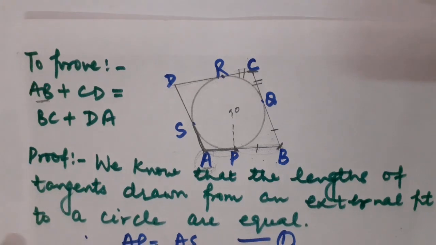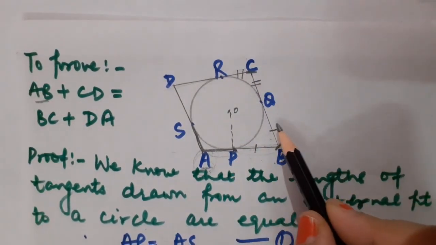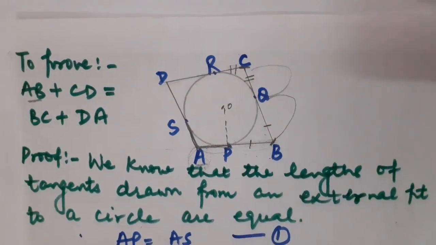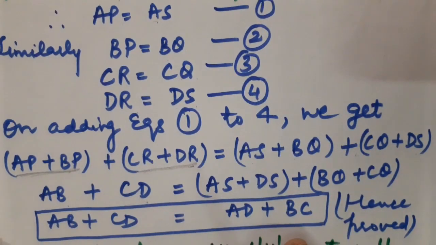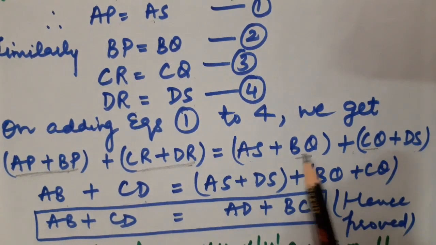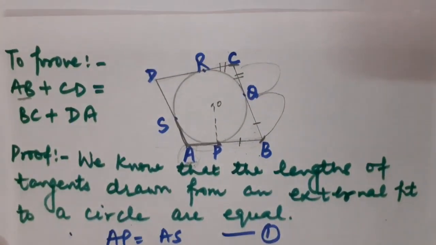Fine children. Now what else do I want? I want on the right hand side the complete BC. So how will I get BC? When I take the pairing like this, BQ plus QC. Now you have to reshuffle the pairing. BQ must be written with CQ, so BQ and CQ will be placed in one bracket. And how can I get DA? Look in the diagram.